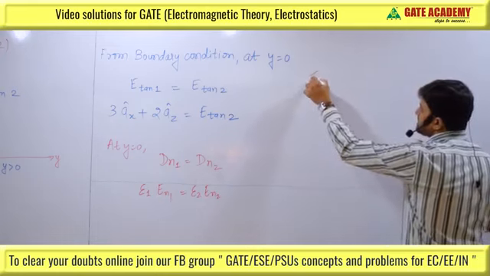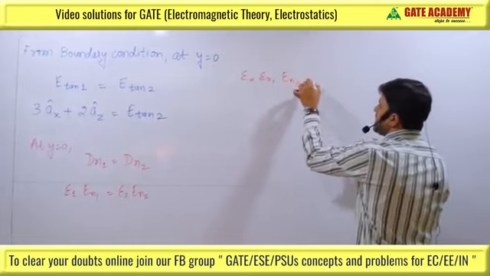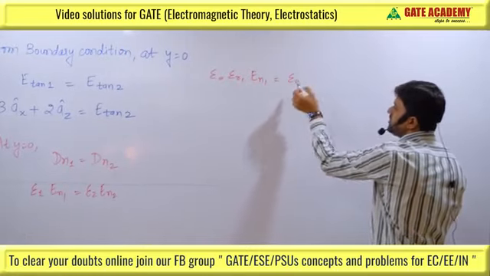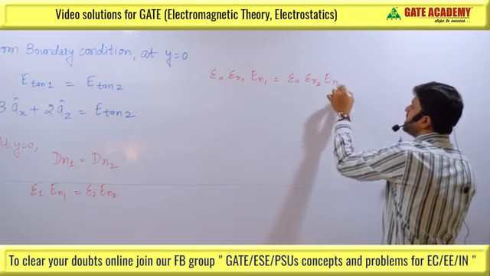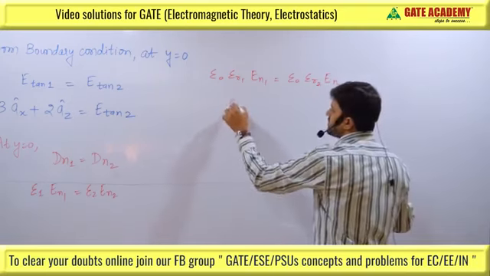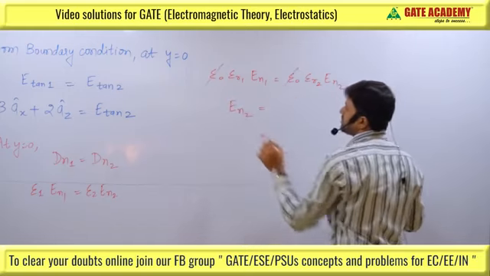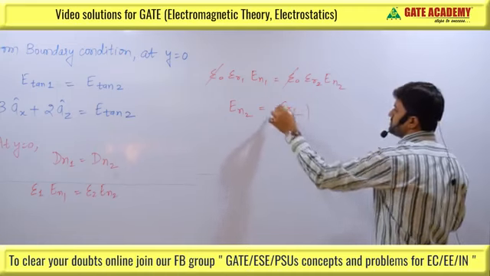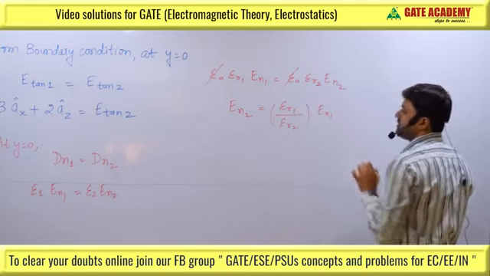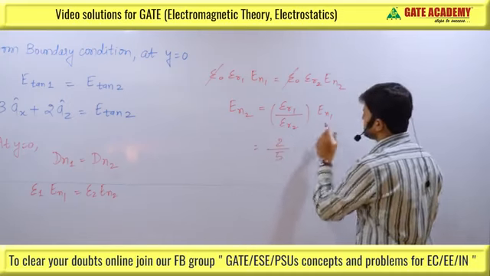Epsilon 1 is epsilon naught epsilon r1, and this is epsilon naught epsilon r2 times En2. So from here we can calculate the normal component of electric field. Epsilon naught will get cancelled, leaving epsilon r1, epsilon r2 and the normal components. This is 2, this is 5.